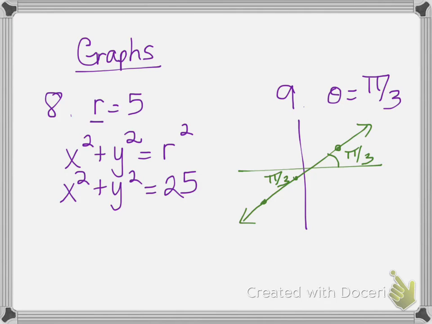What you can do is you could say that tangent of the angle equals y over x, because that's the formula. Opposite over adjacent, y is opposite, x is adjacent. We could take tangent of pi over 3, and that equals y over x.